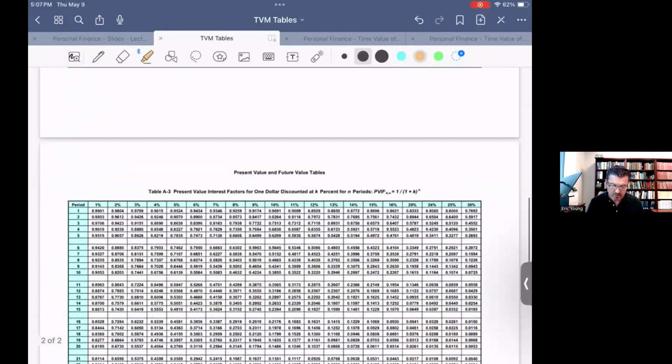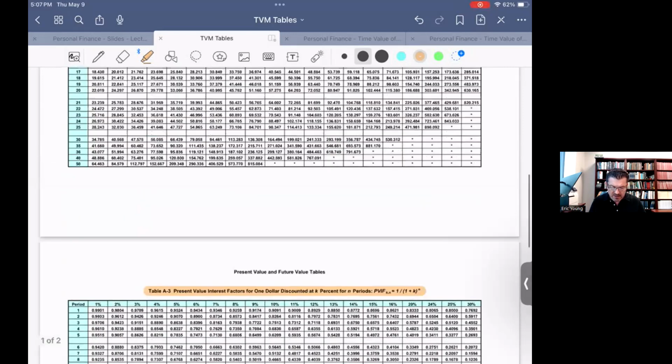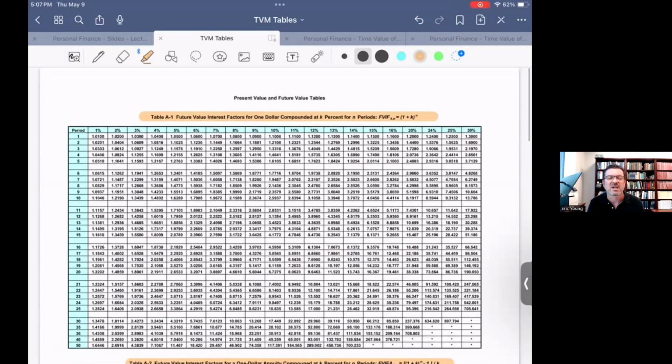The third table, A3, the present value of a lump sum. And the fourth table, the present value of the annuity. That should make sense. If we only have present values and future values, and we only have lump sum or annuity calculations, then there's really only 4 kinds of broad calculations, and they're here. This is called a factor table or a time value table. It's a shorthand way to solve these problems.